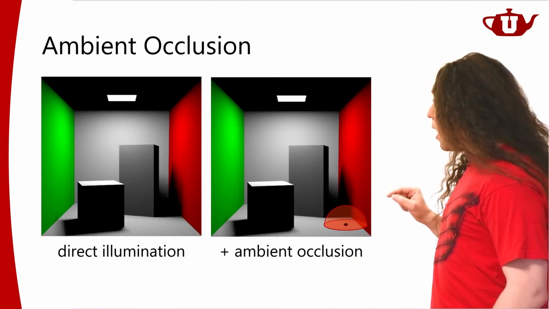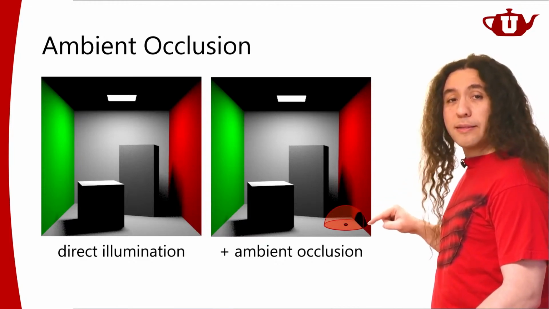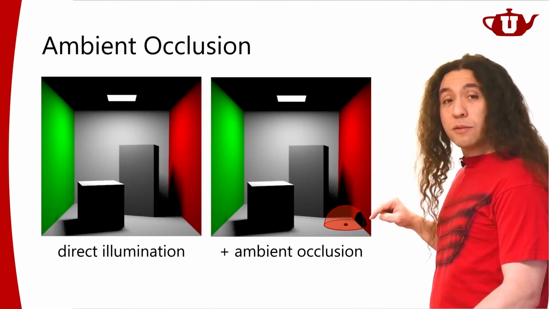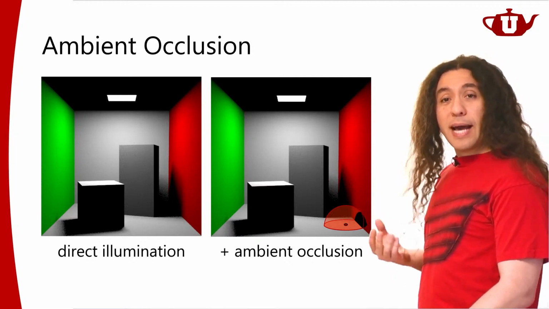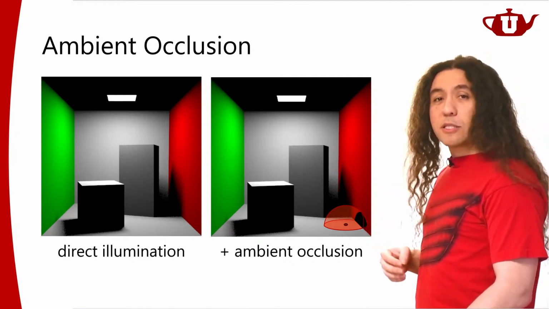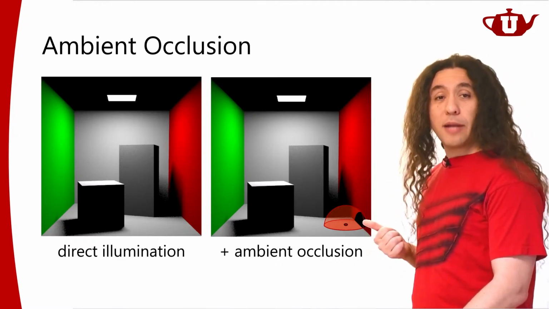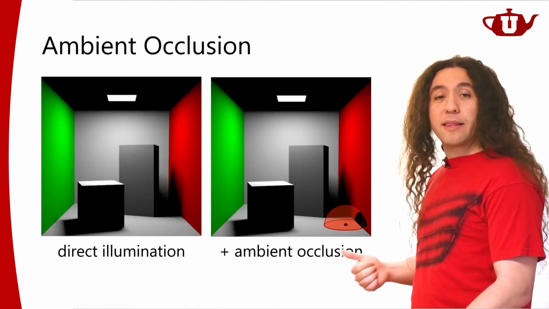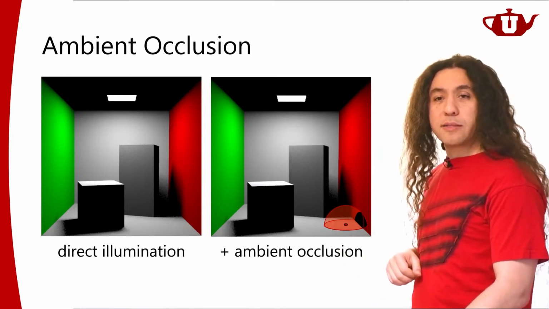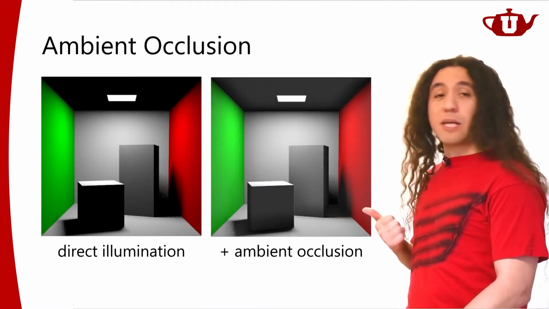So in this case, I am seeing probably a part of this wall. So that wall is giving some occlusion, but the rest is all out in the open, right? So with that kind of evaluation, I can get a much better ambient occlusion term, right? So I'm going to have a radius, and with that radius, I will only look at things that are within that radius. And by doing so, my ambient occlusion term turns to something that looks like this.